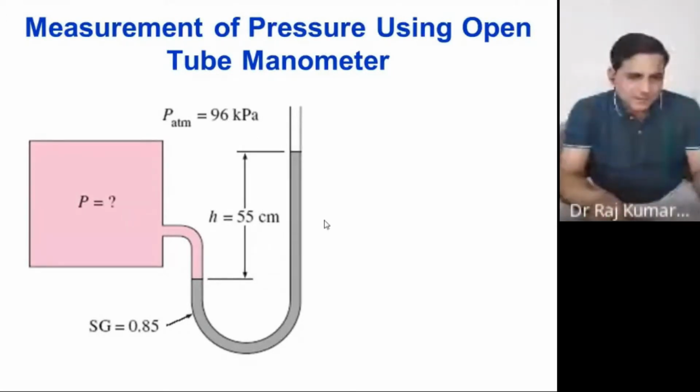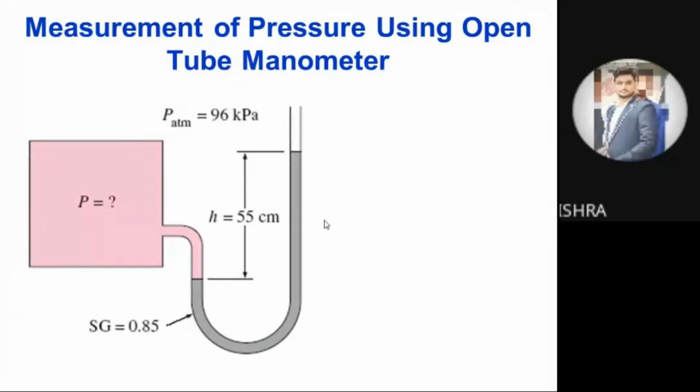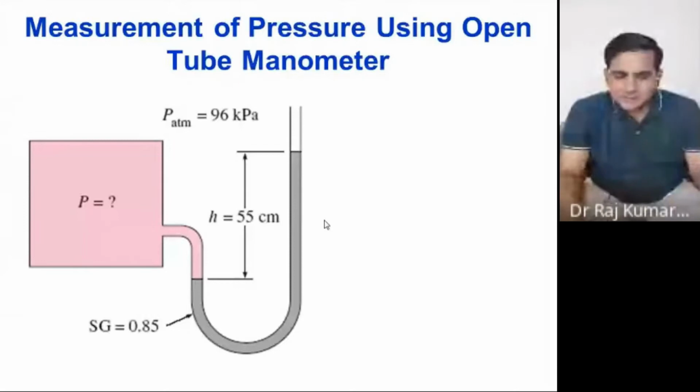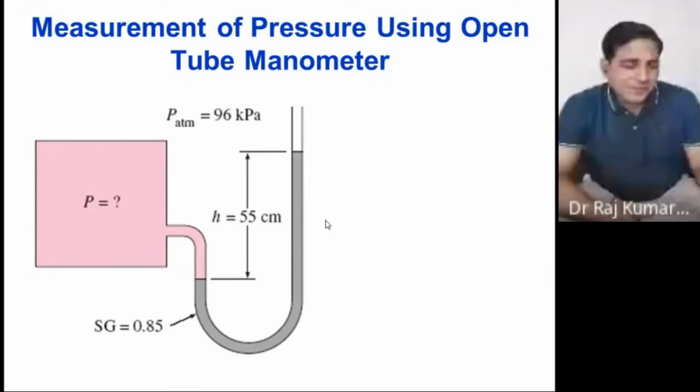So how much has come? 142.7 kilopascal. Any other person did it? Yeah, the 140 one would be the correct one.